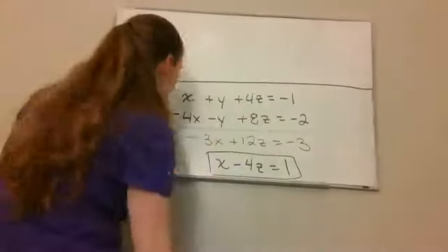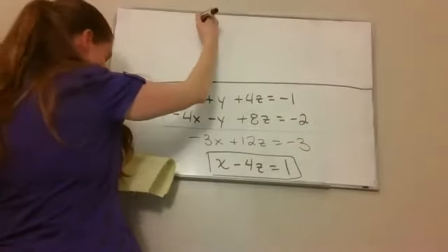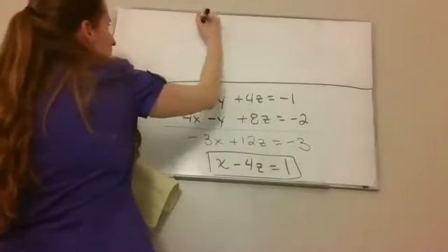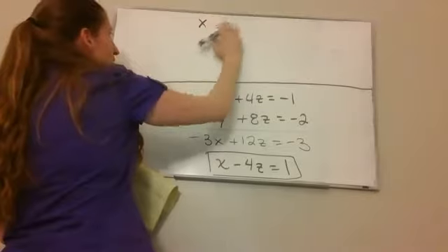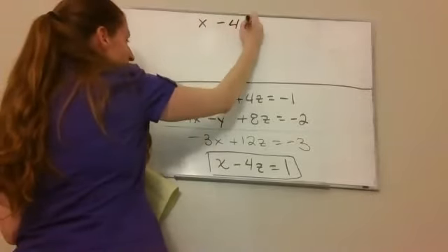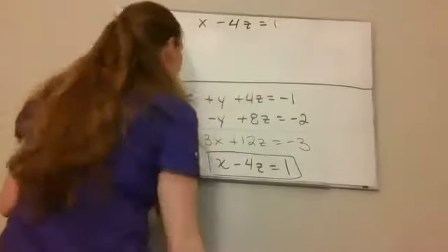Now I'm going to look at equations 2 and 3. And let me write down what we found already. x minus 4z equals 1. All right.